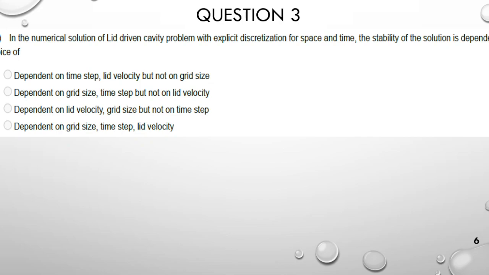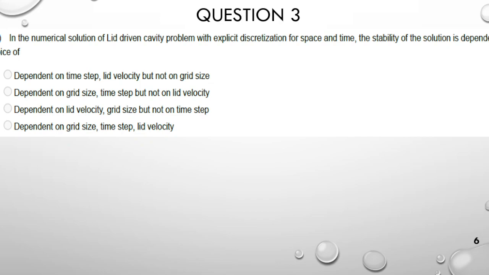So let us see question number 3. In the numerical solution of lid-driven cavity problem with explicit discretization for both space as well as time, the stability of the solution is dependent on which of the parameters? You are solving a lid-driven cavity problem, as I discussed, with explicit discretization. Again, it's not purely explicit, it is semi-explicit because pressure we are taking at n plus 1.